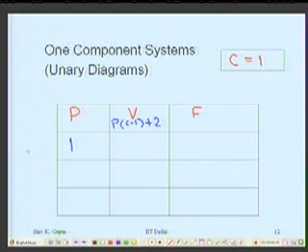Since there is one component, C minus 1 becomes 0. So there will be no composition variable, only one component. Pure gold is pure gold. Only 2 variables are there, and they are pressure and temperature. Pressure is one variable, temperature is another variable.